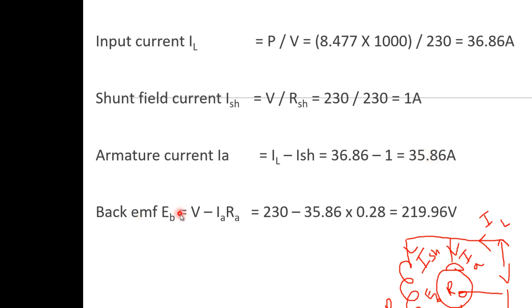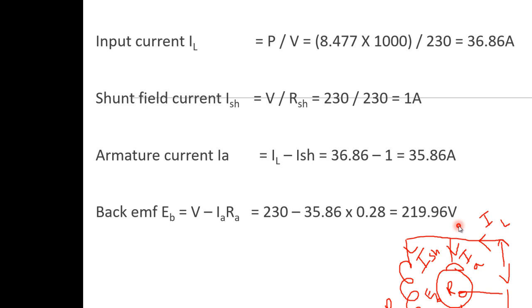Now we need to find out the back EMF EB. So EB is equal to V minus IA RA. Okay. So we know that V applied voltage is 230 minus IA is 35.86 into RA is 0.28, which is equal to 219.96. So the EB generated, the back EMF which is developed, is 219.96 volts. So you have to remember one thing.